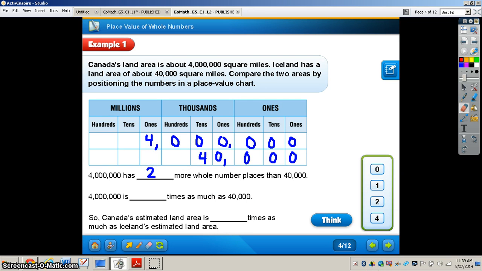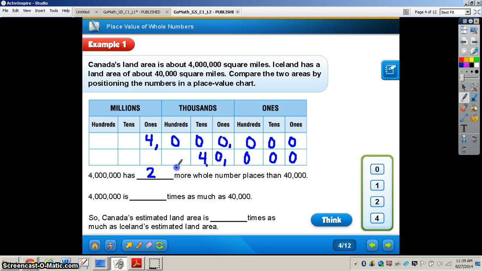Now 4,000,000 is how many times as much as 40,000? If we were to go over to the left, if it were 400,000, that would be 10 times as much. And then going over to the millions place, it's not 20 times as much, it's actually 100 times as much. Each time you move to the left, it's 10 times as much.